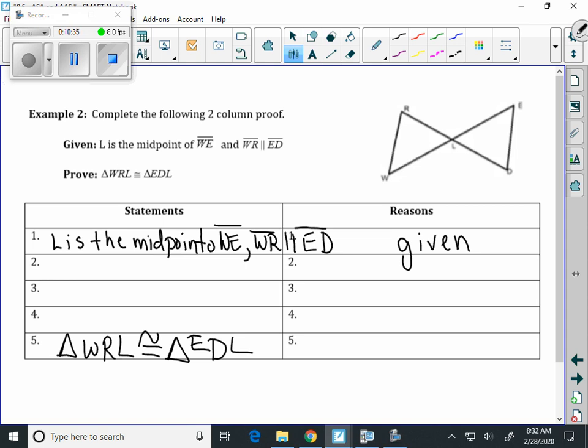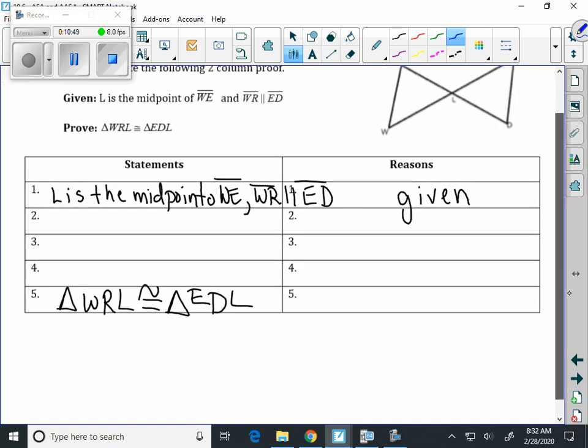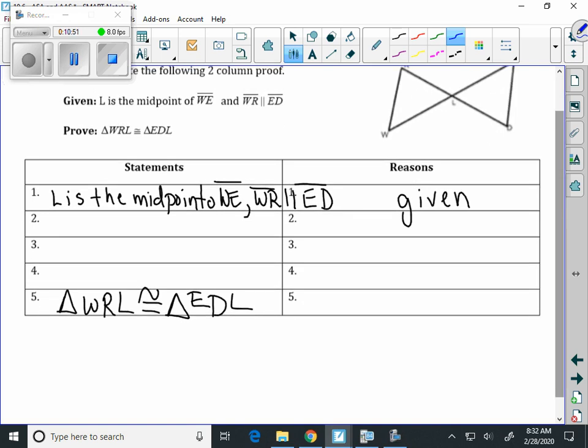But a couple of things here on this one. Let's start with the fact that L is the midpoint of WE. One of the things that we see about the word midpoint is that it's a vocab word. And one of our reasons, therefore, is going to be definition of midpoint.